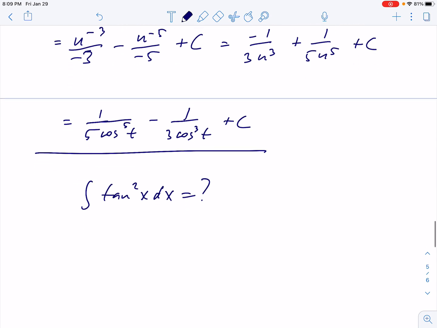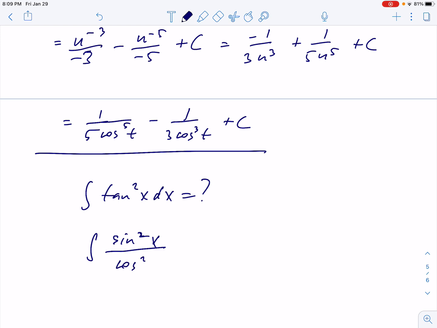Tangent squared is not more difficult than that. But again, we have to remember to return to sine and cosine, to write in terms of sine and cosine. So this will be sine squared x over cosine squared x dx.